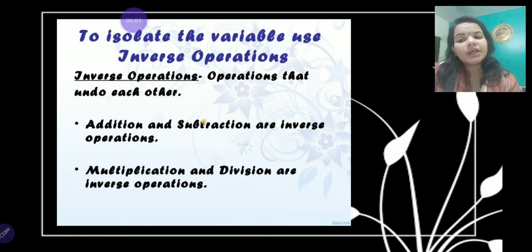Like addition and subtraction are inverse operations. Addition and subtraction are opposite of each other, right? Suppose plus 2 is written and you do minus 2 there. So what will happen? Plus 2 and minus 2 will cancel out each other. They will be equal to 0.